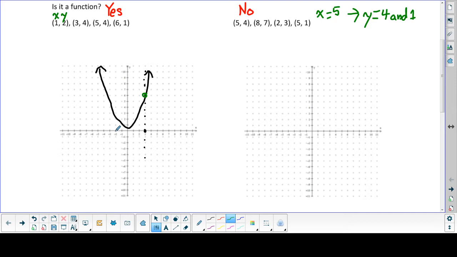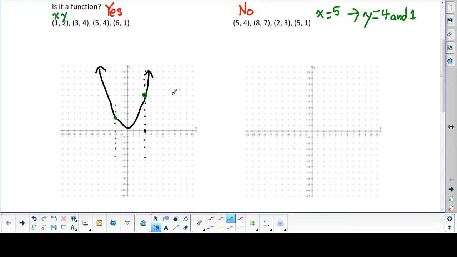So we go to -2. We have a single y value along our vertical line here at x equals -2, and we could continue to do that, and it would appear that there's always just going to be one y value for all of our x values. Now that doesn't mean that there'll always be one. In this specific case, the domain, as we recall from last week, is all real numbers. So any x value is going to have exactly one y.